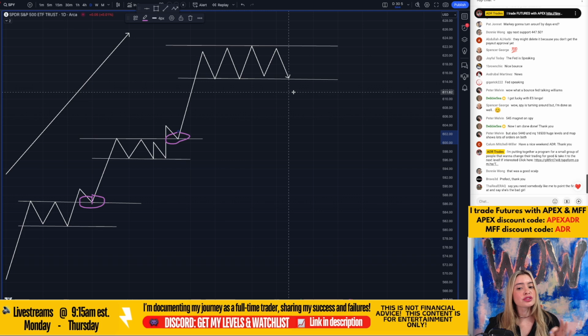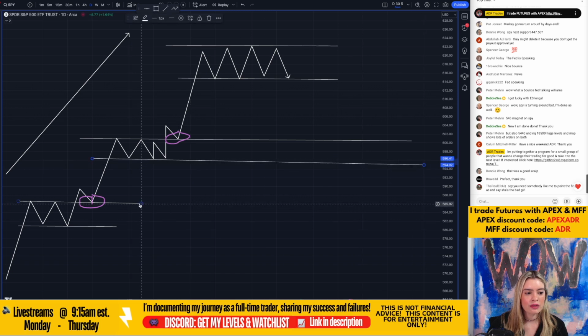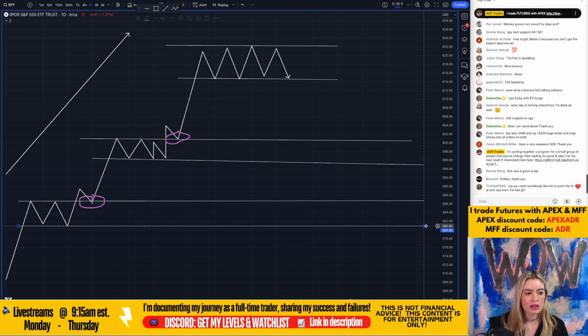We're in an uptrend. There's no reason for me to try to play this little downtrend, to play this reaction. And then we have consolidation here, when the market is choppy, and then we have a break of structure. So let's go with the same support and resistance here, same one here, same one here.